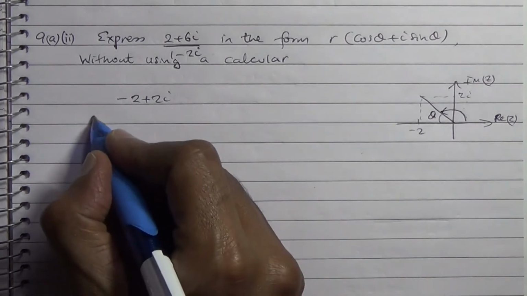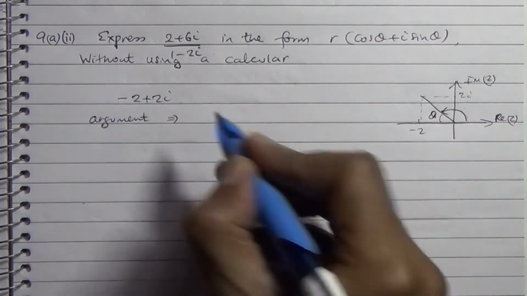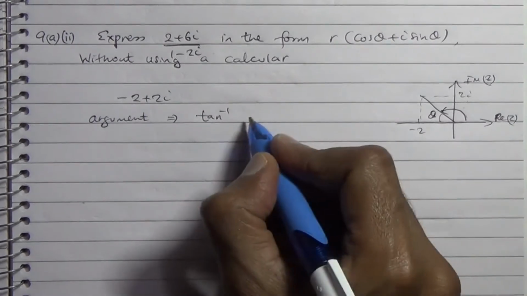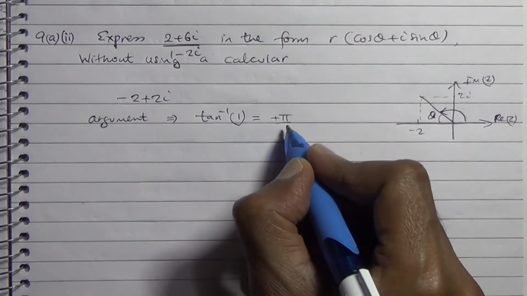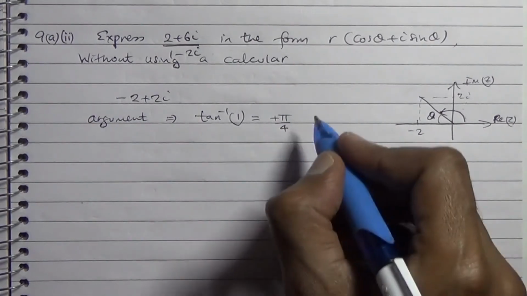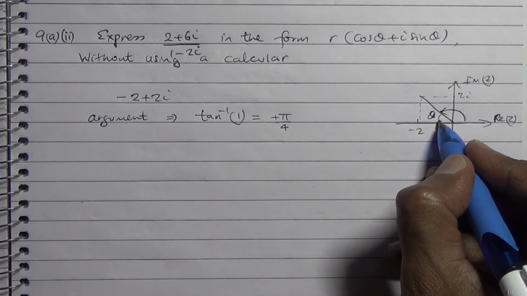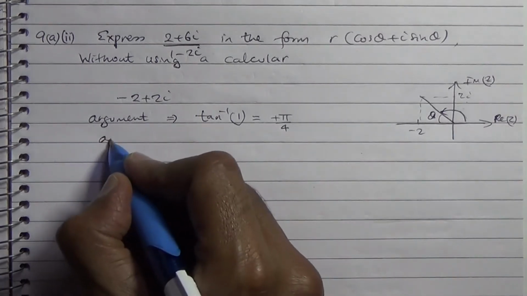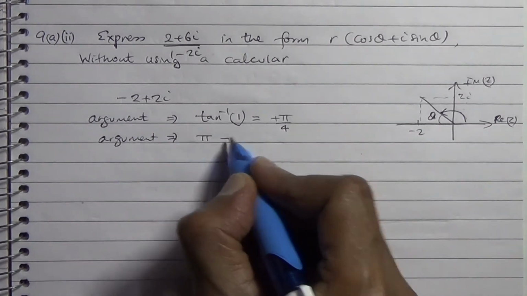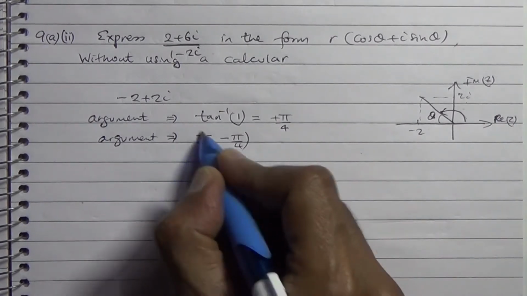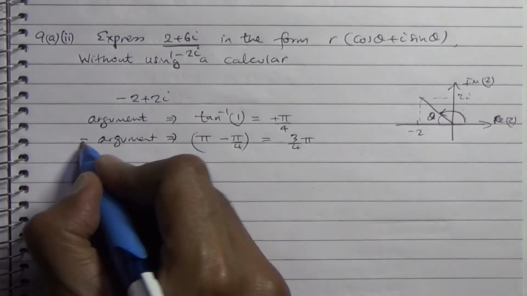The argument of this complex number is tan inverse of 1, which is π/4. Then we take that away from π, because we're trying to find this theta, so the argument is π minus π/4, which is 3π/4.